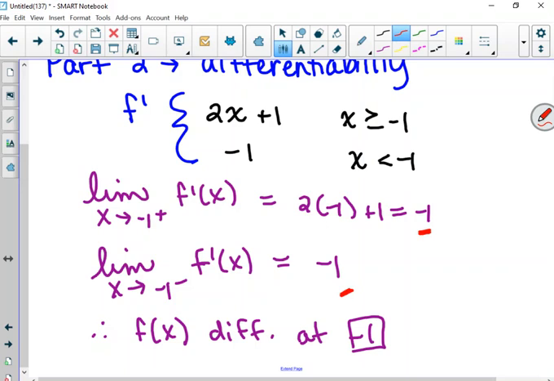They don't have to be negative 1 because we were checking negative 1. They don't have to be negative 3. They just have to be the same. I basically just have to show that the limit of f prime as x approaches negative 1 exists. And the way I do that is by looking at the left and the right limit of f prime at negative 1 and showing that they come out to be the same value.